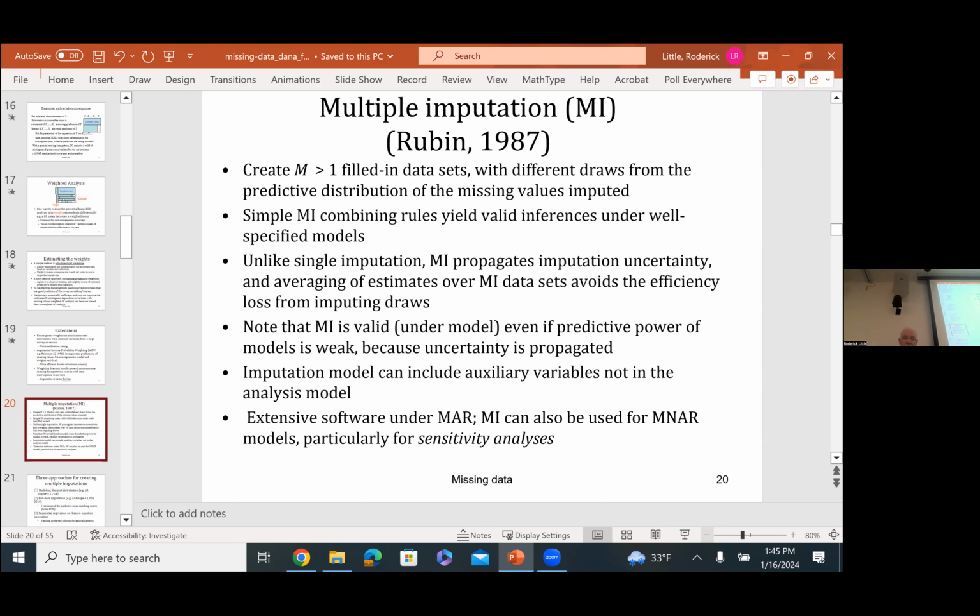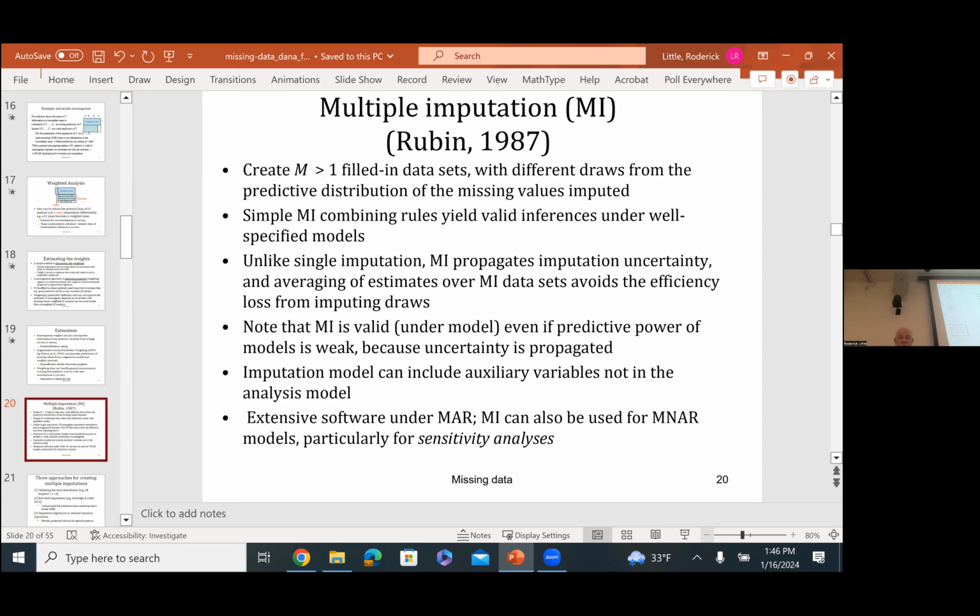Multiple imputation is valid even if the predictive power of the models is weak. It doesn't matter too much if you don't have good predictors. You just don't get much additional information, so the variance doesn't go down, but you can still get valid estimates of the uncertainty using the combining rule.